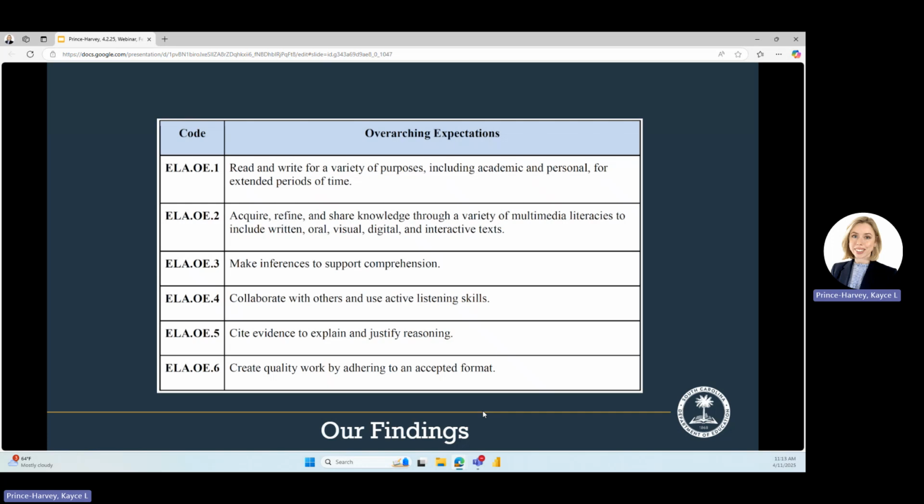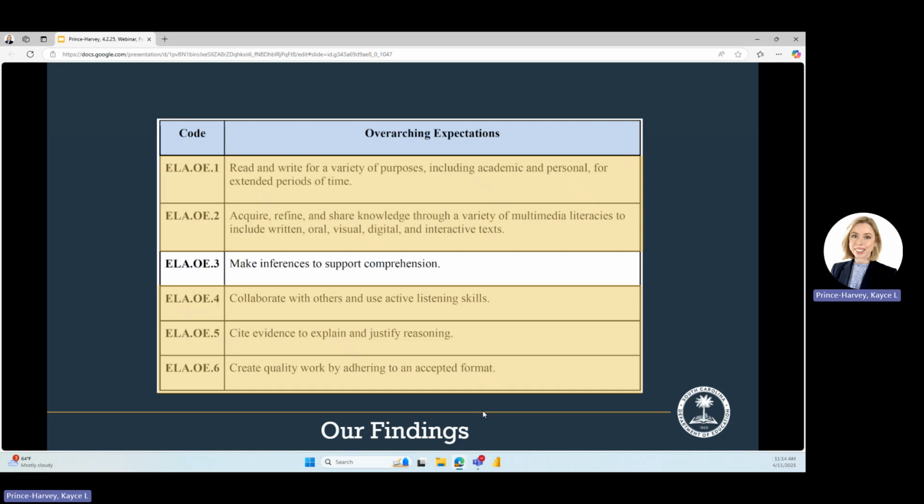We can also see feedback being an important component of the overarching expectations, even if it isn't specifically mentioned within the language. For example, students reading and writing for a variety of purposes, including academic and personal for extended periods. There may be a component of feedback included there, as well as acquiring, refining, and sharing knowledge through a variety of multimedia literacies.